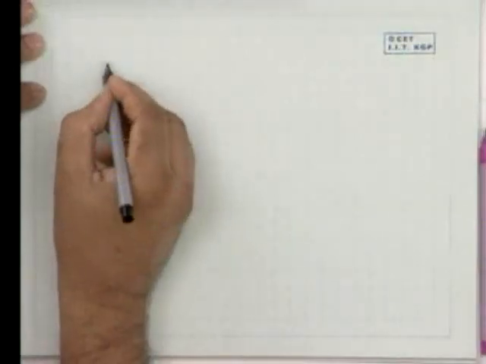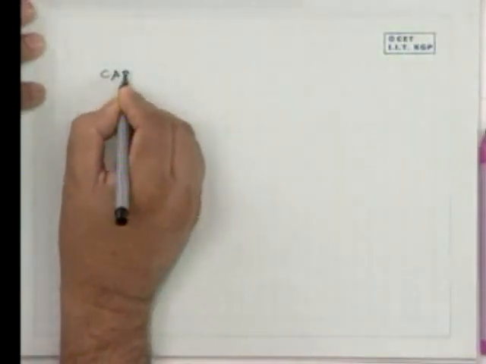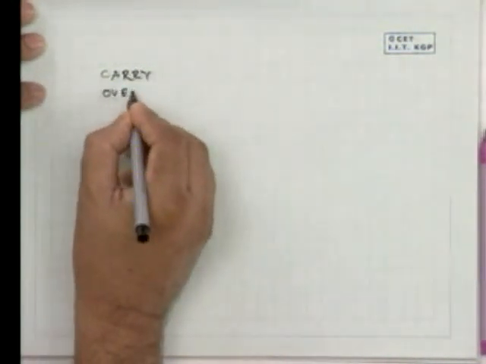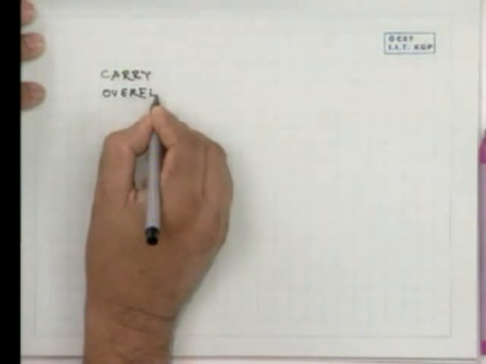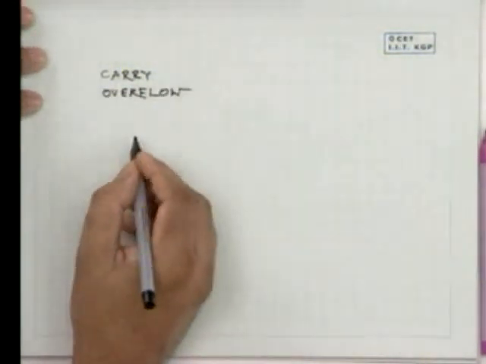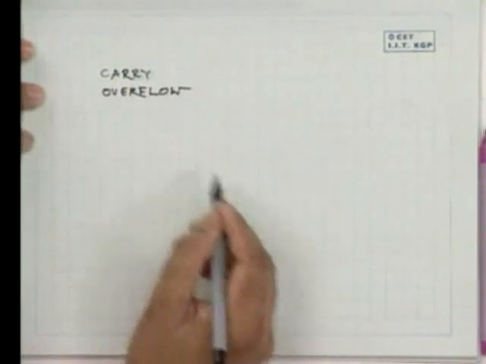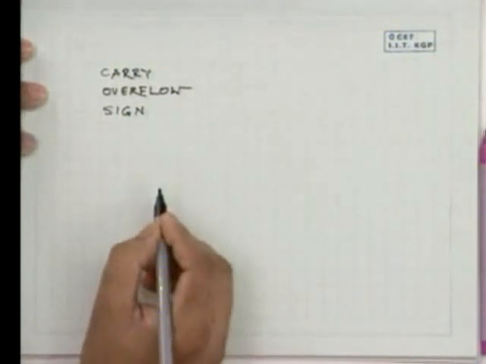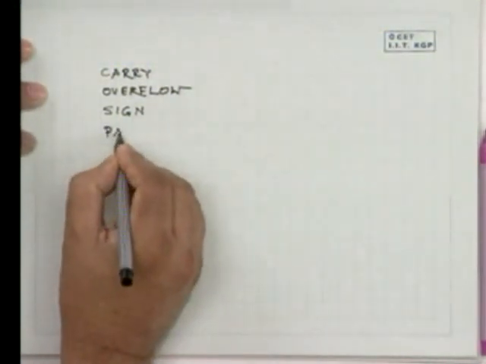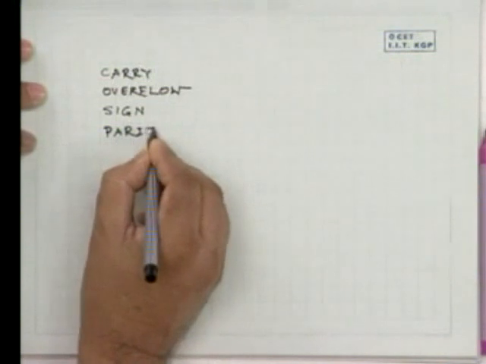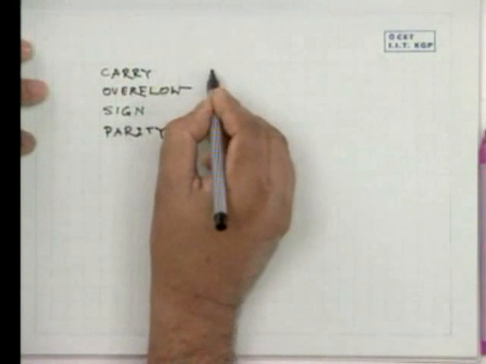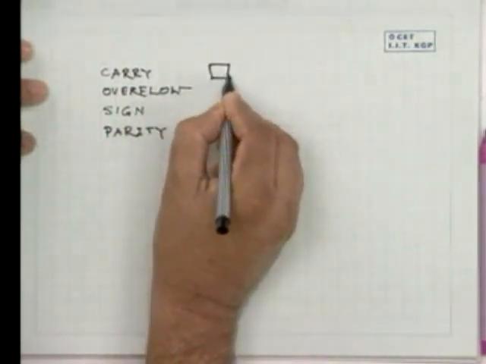We call them carry flag, then overflow flag, then sign flag, and sometimes parity flag. These flags, all of them, are single bit registers.